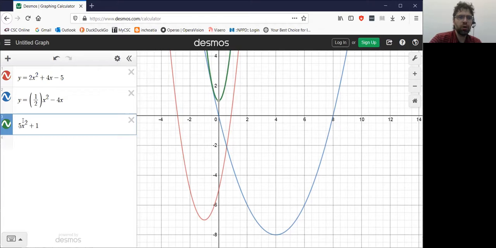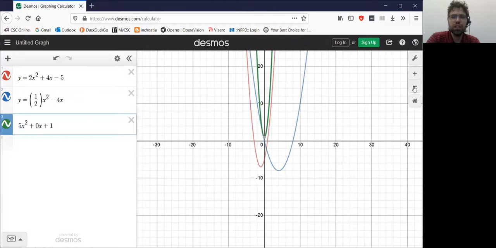The number in front of the x squared, that a, isn't allowed to be 0, but you can have zeros elsewhere. So here are three quadratics, and they differ in detail where they're positioned on the graph. Some of them are narrower, some of them are wider, but they all look basically the same.